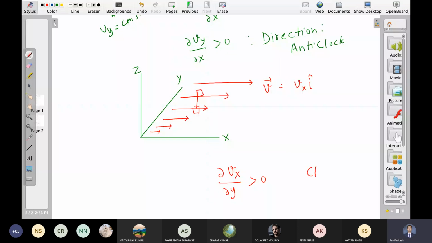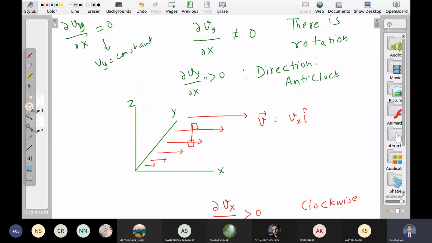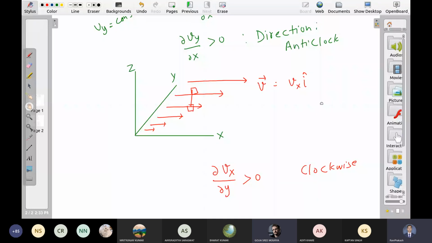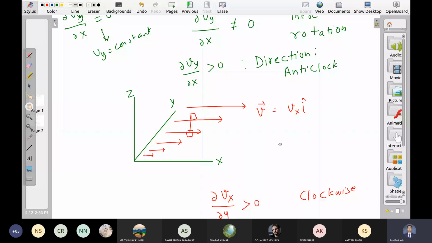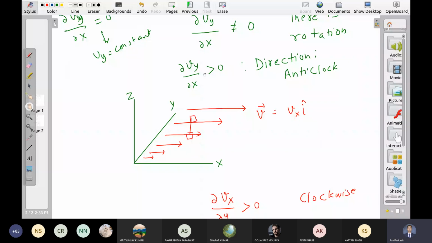So you can see if del Vx by del y is greater than 0, the pedal rotates clockwise. See, in the previous case, if this quantity is positive, the pedal was moving anti-clock. For this case, if this quantity is positive, what is the direction of the pedal? Clockwise, right?